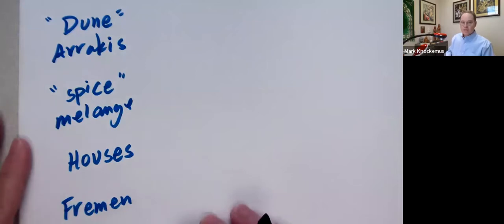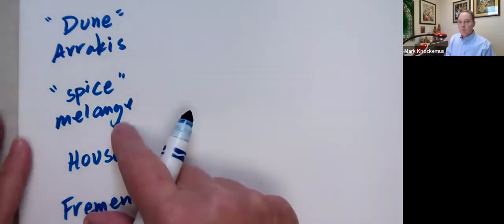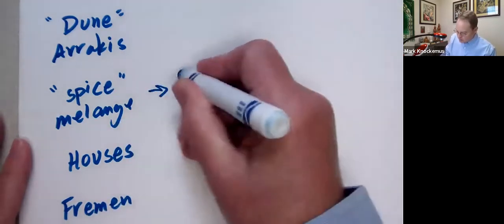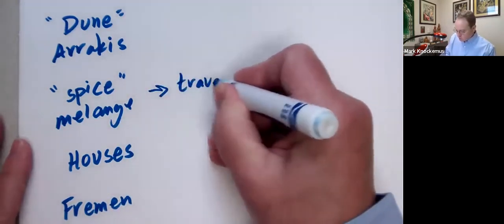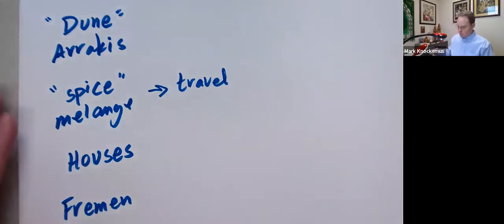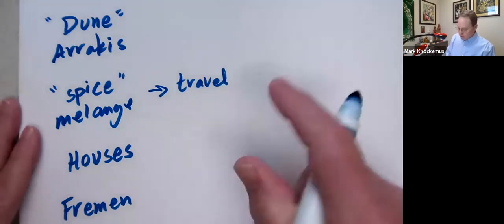So now, what can we start to do? We can start to dig. Okay, what is spice? What is melange used for? It's used for space travel. Without melange, without spice, there wouldn't be any travel, right? So now we can start to uncover things.